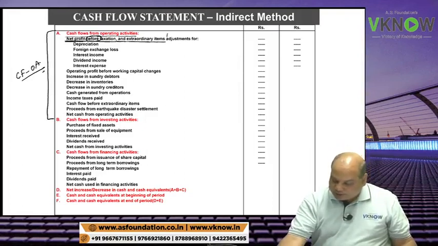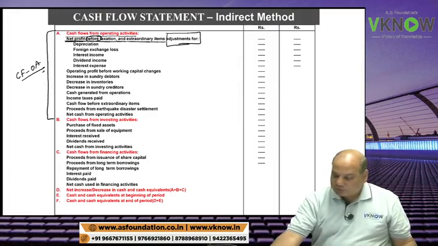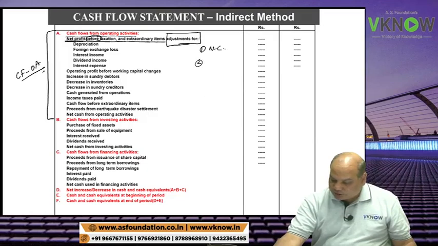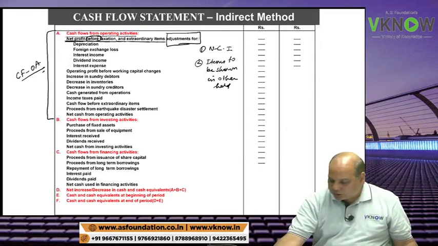Then you will make adjustment for three types of items: non-cash items, items to be shown in other head, and the third type of adjustment is called working capital adjustment.